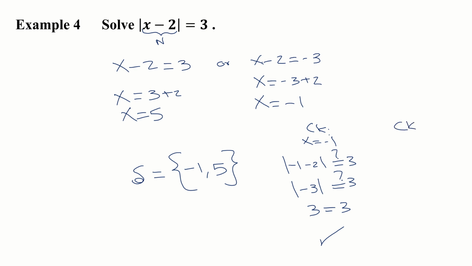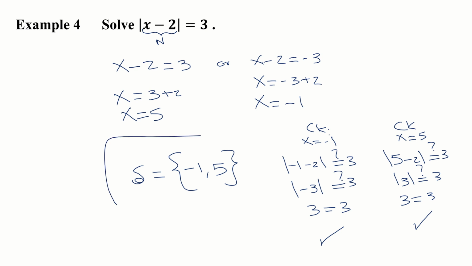You can also check x equals 5. So you have absolute value of 5 minus 2. You want to know if that's equal to 3. Now that's going to be the absolute value of 3, and we know that absolute value of 3 is 3, so this checks out as well. And this indeed is our solution set. They both work. All right, so simple enough. Make sure you understand it and we'll move on.